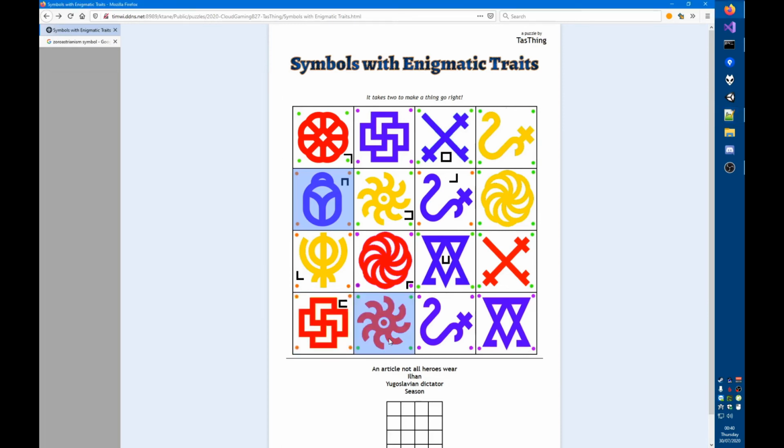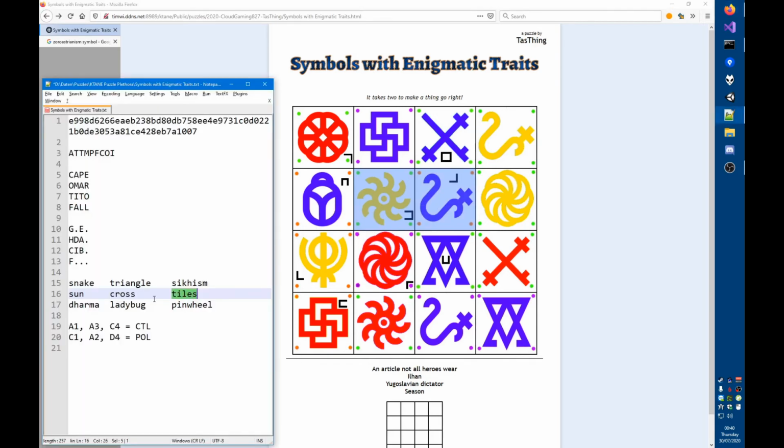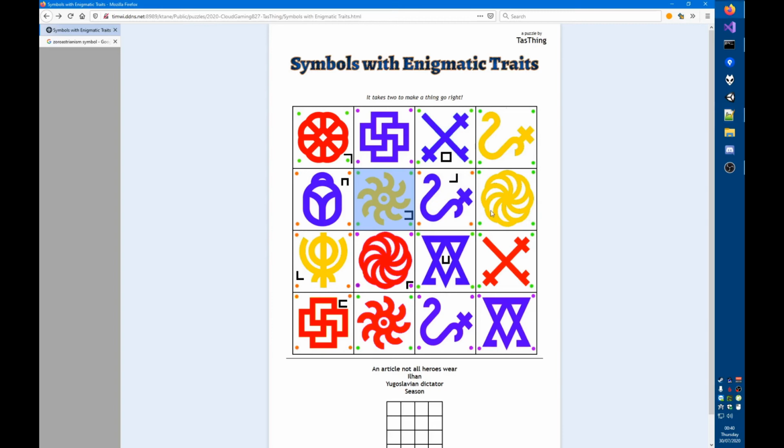Nope. Okay, so I can already see that these are not a set, and these are not a set because of color, and these are not a set because of color. So I think I can abbreviate this. Let's see, sun and snake, Dharma, nope.